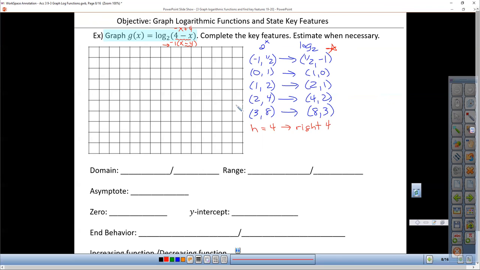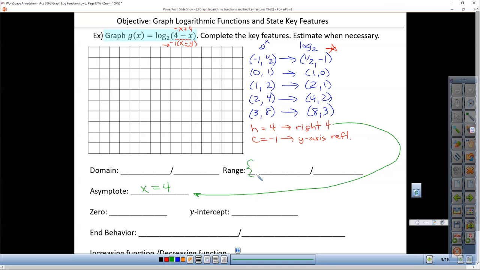But the fact that it's negative tells us that we have a y-axis reflection. This is important because that means all of our points are going to flip to the left side of our asymptote. And our asymptote is moving from the y-axis over to x equals 4.